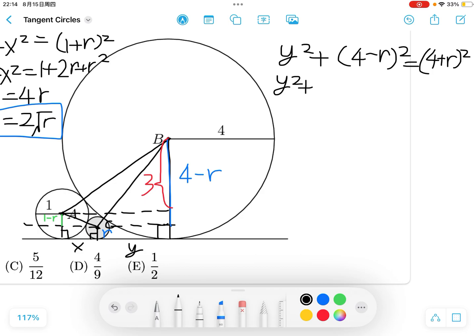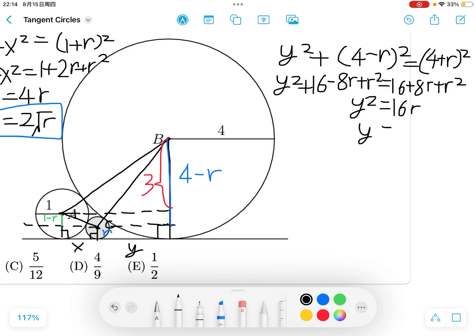So this is Y squared plus 16 minus 8R plus R squared equals 16 plus 8R plus R squared. If you subtract 16 and R squared from both sides, Y squared is equal to 16R. Y is therefore equal to 4 root R. Just remember this.